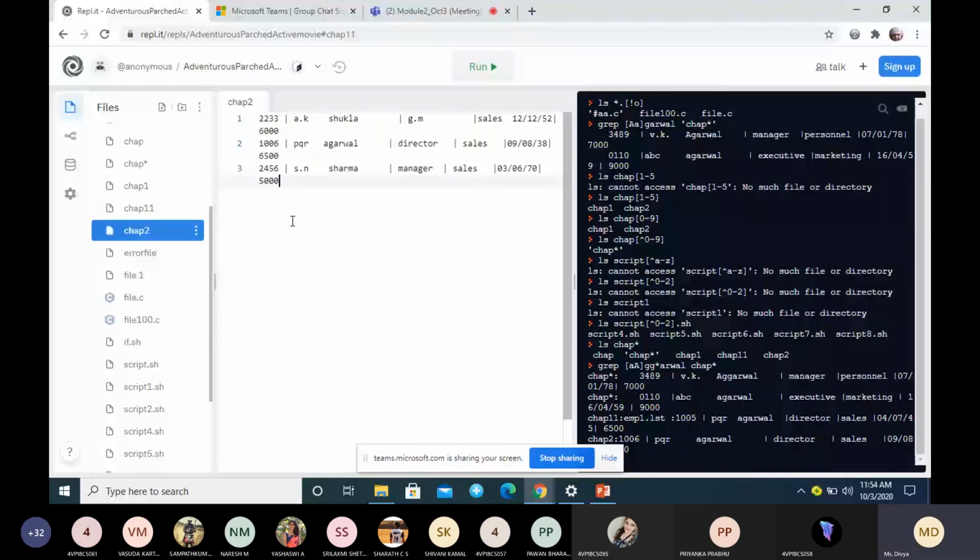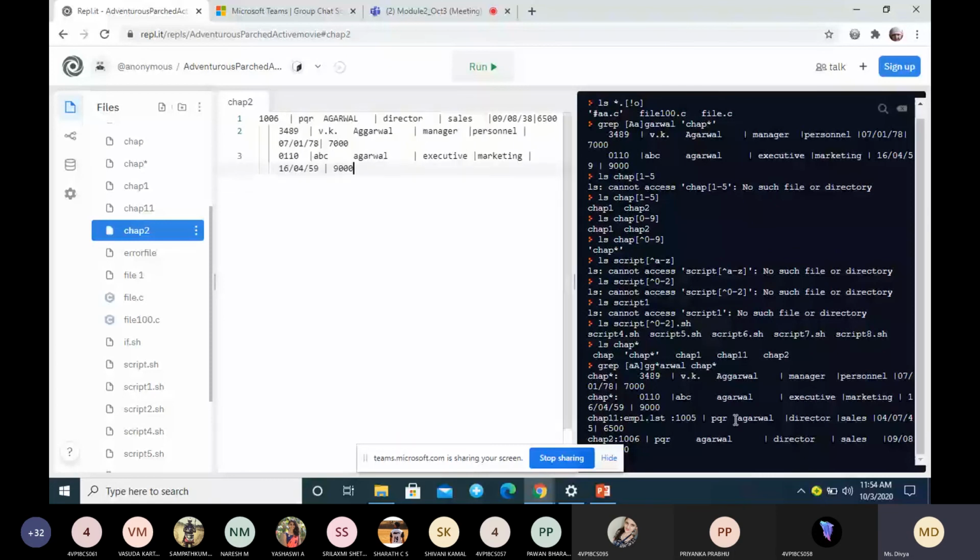Since we are using CHAP star, it will match CHAP, CHAP1, CHAP2. So all the files it will search and it will give you the output.